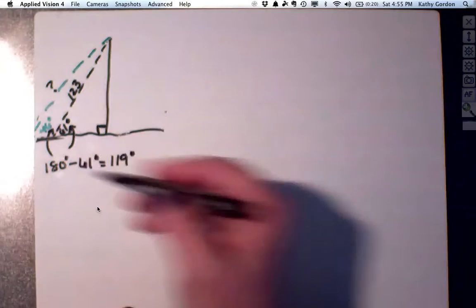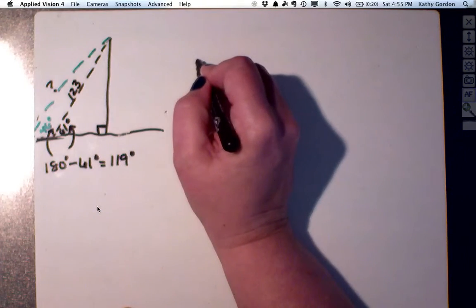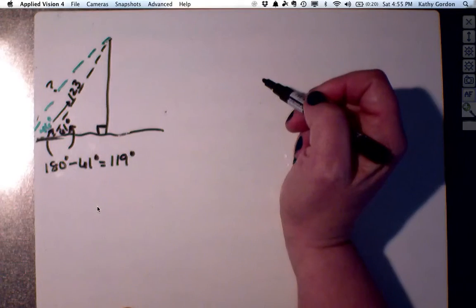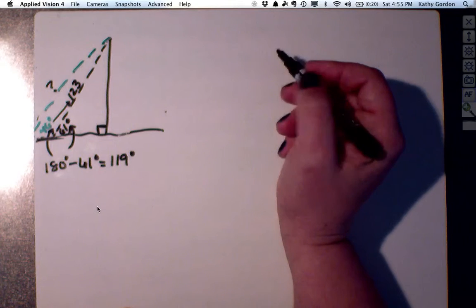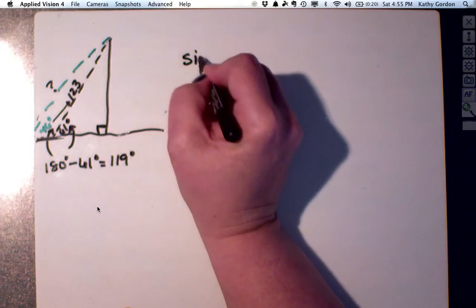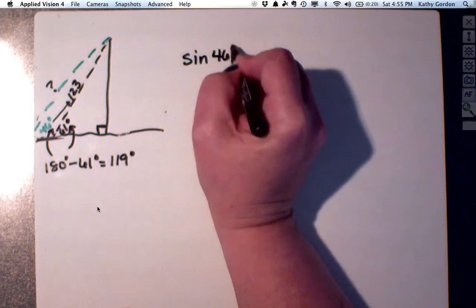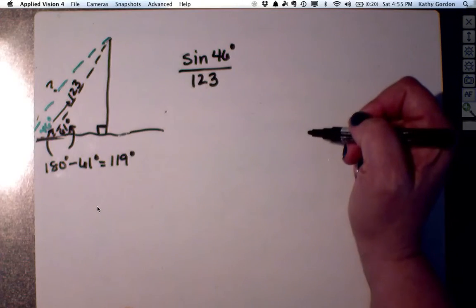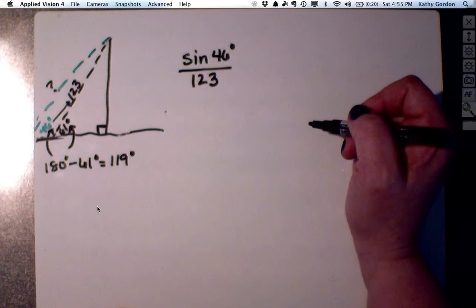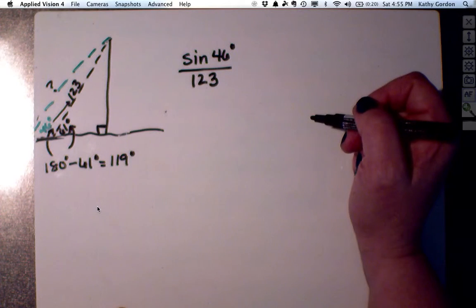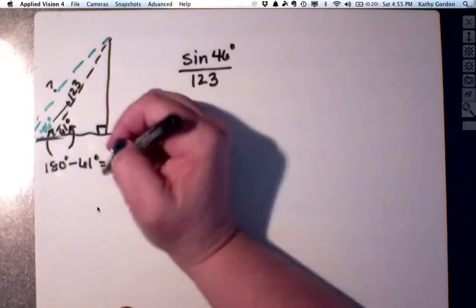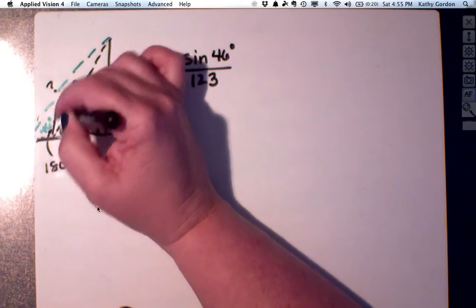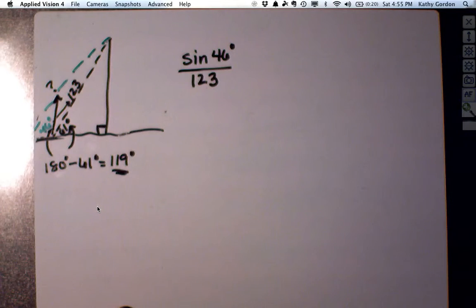So we now have a situation where I have a 46 degree angle across from a side that's 123. So I know that the sine of 46 over 123 gives me a ratio that has to be true for all angles and sides. And I now know that I have this 119 degree angle here, which is across from the side that I'm wondering about.